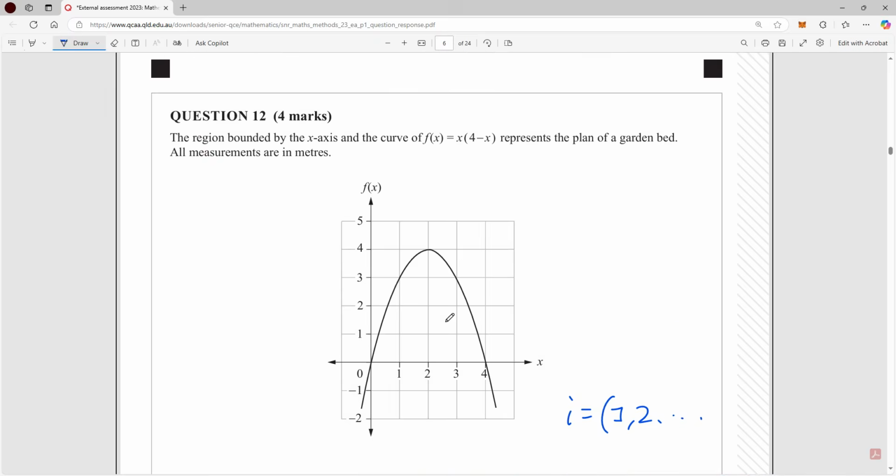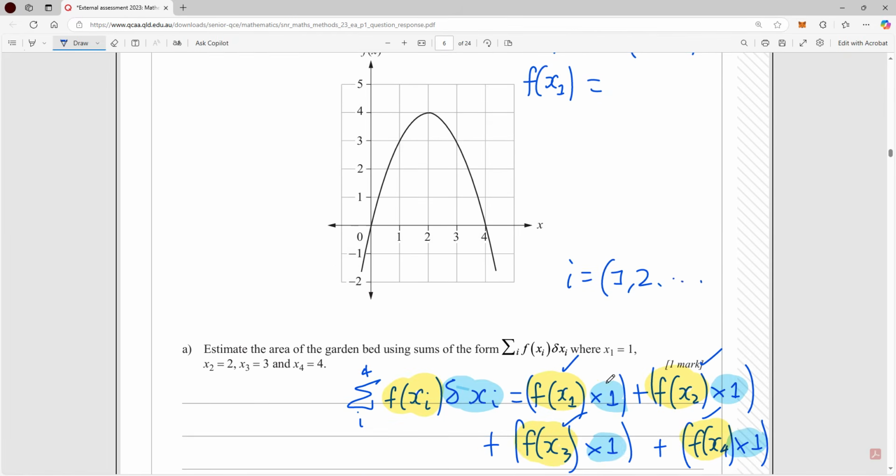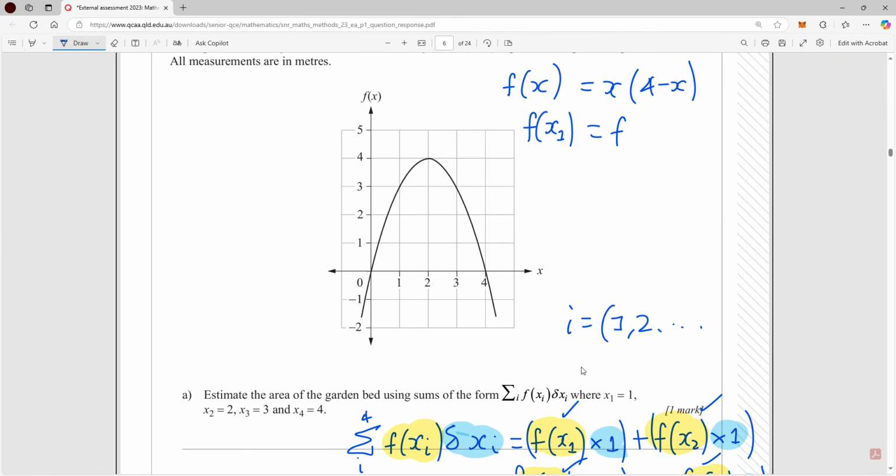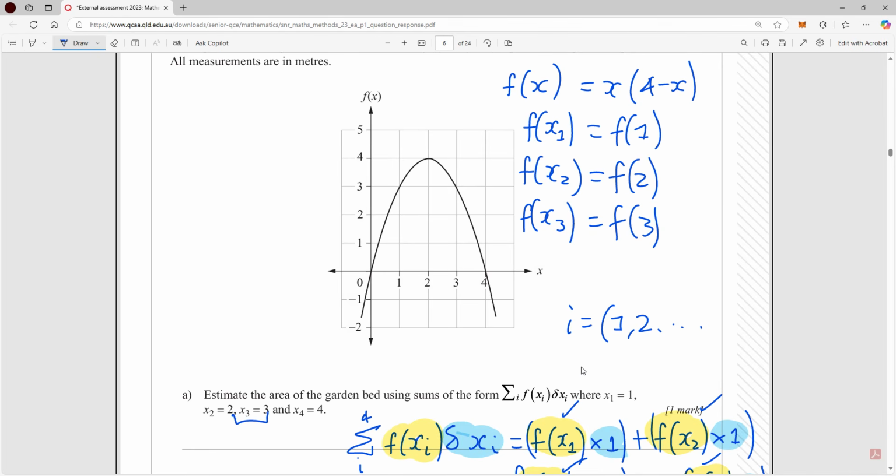So here we actually have our function. So f of x is x times (4 minus x). When we go x1, we said x1 is 1, so f of 1. f of x2 is f of 2. f of x3 is f of 3. So these are just the x values here.